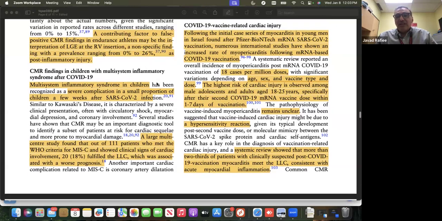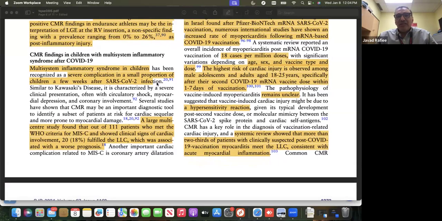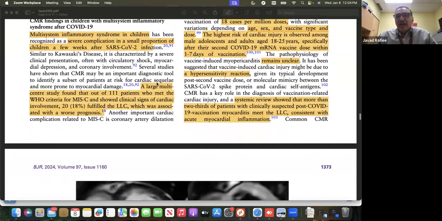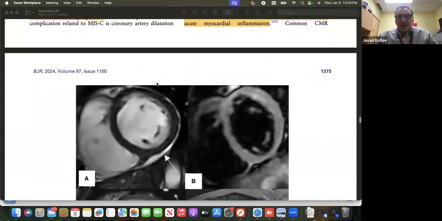The pathophysiology is unclear, but we think that the major cause of vaccine-related myocarditis is hypersensitivity reaction. And the imaging finding in cardiac MR quite resembles the other types of myocarditis.